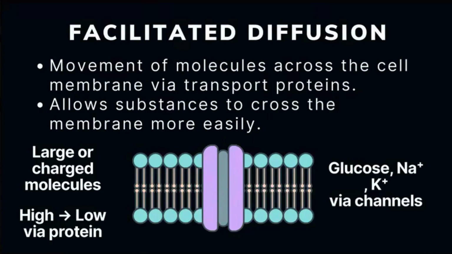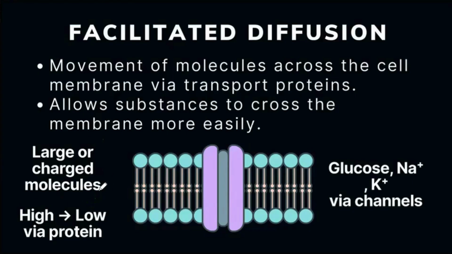Now, if we compare that with facilitated diffusion, that involves a protein. So you'll see a protein that is involved and it allows substances to cross easier than without a protein and is often left for large charged molecules. And it is also areas of higher to lower concentration.